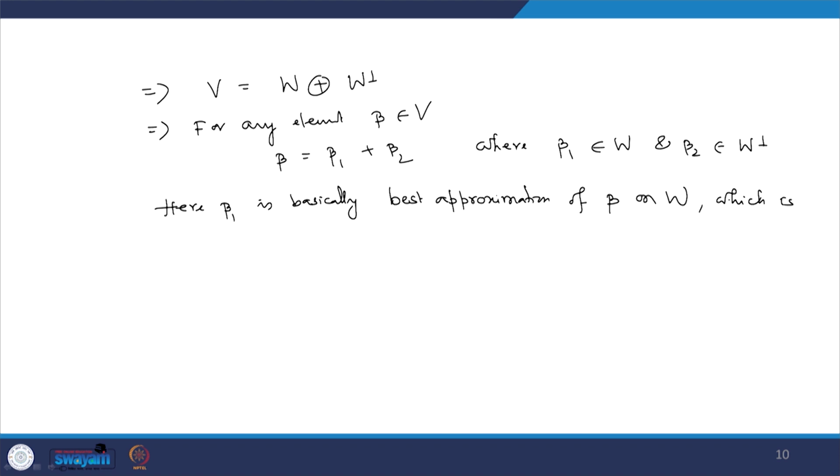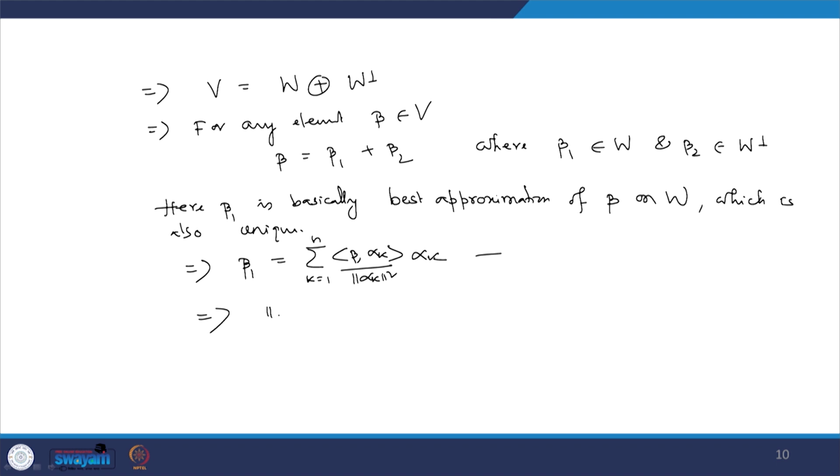So, one can write beta 1 equal to the sum of the inner product of beta and alpha k divided by the norm of alpha k squared, times alpha k, k equal to 1 to n. This is the best approximation of beta on W. So, beta 1 is orthogonal to beta 2 also.